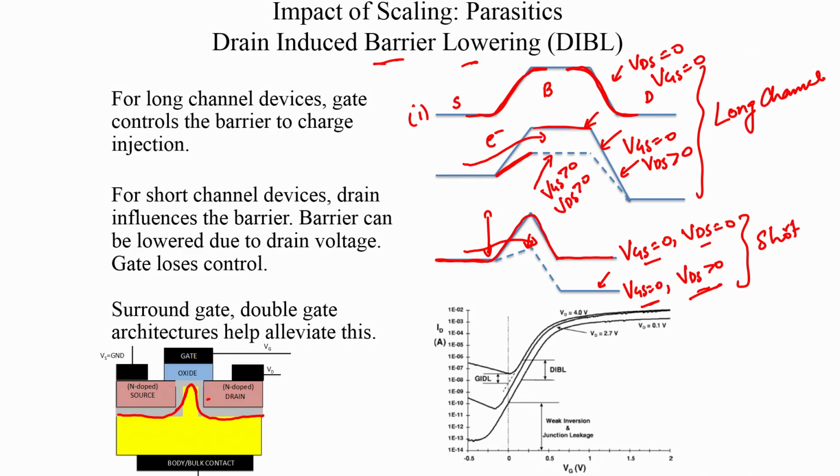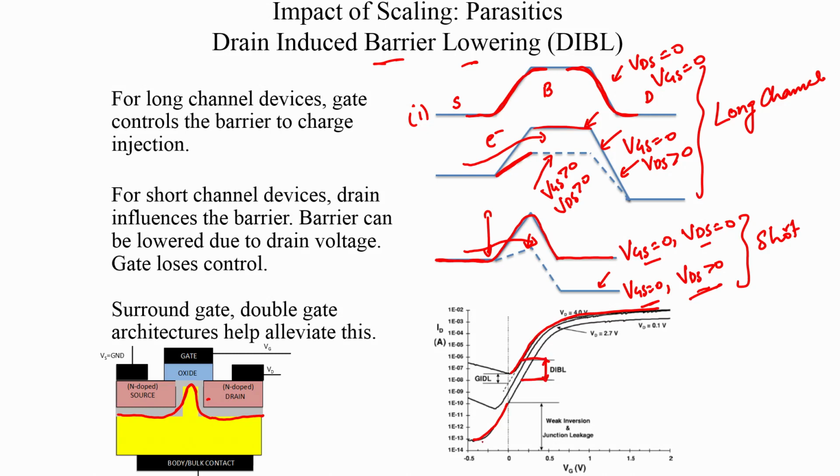It can lead to leakage because if you look at the IV characteristics, so here is an IV characteristic for a very low VDS, and the moment VDS is increased to something quite significant, so let us say here the VDS is increased to a larger value, you find that there is a significant change in the currents.